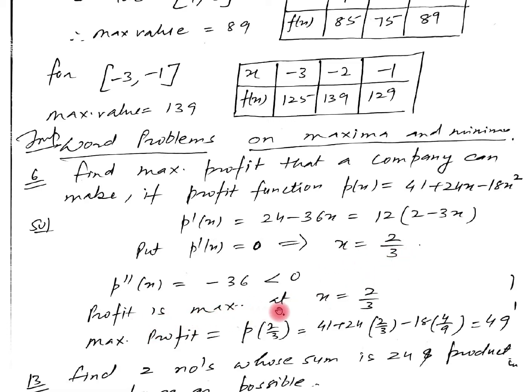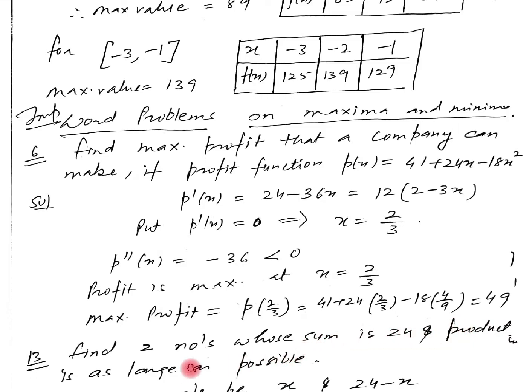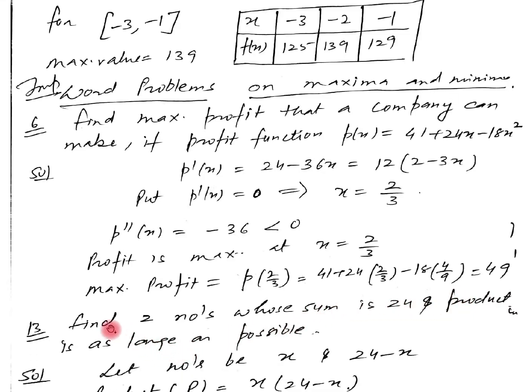The maximum profit is p of 2 by 3. Putting x equal to 2 by 3 in this function, we are getting the maximum profit equal to 49 units. You can mention here 49 units.